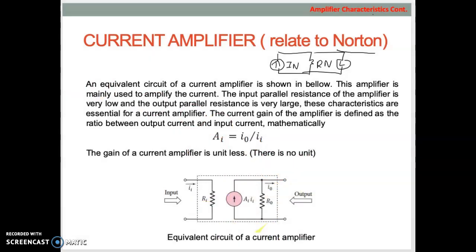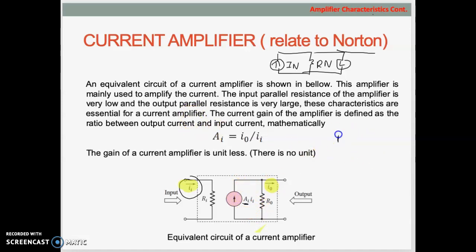For the current amplifier, instead of a voltage source, now you have a current source, and the value of this current source will depend on the input current, that is Iin, and the output current, that is Iout. The value of this dependent current source is the gain, that is the current gain.